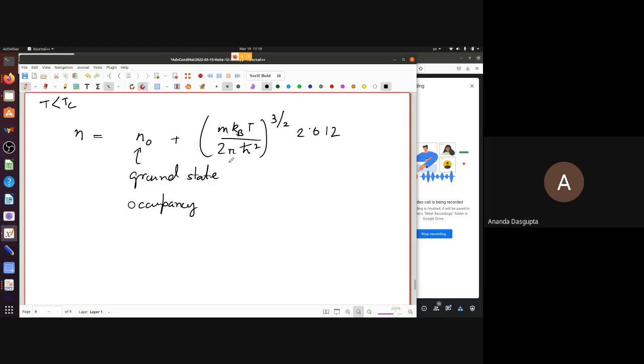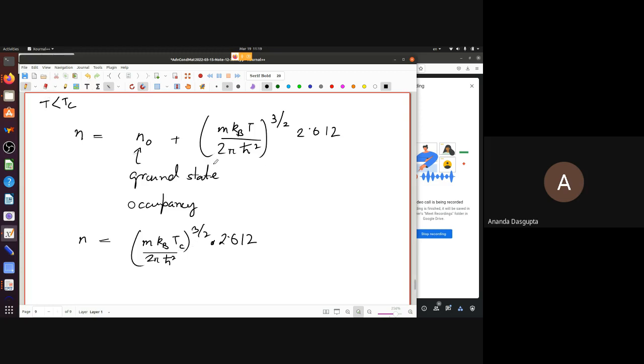Now, remember we had this formula for Tc. This was mkBT by 2 pi h cross square. Right? So you start with the number of particles in your system. This helps you to get Tc.